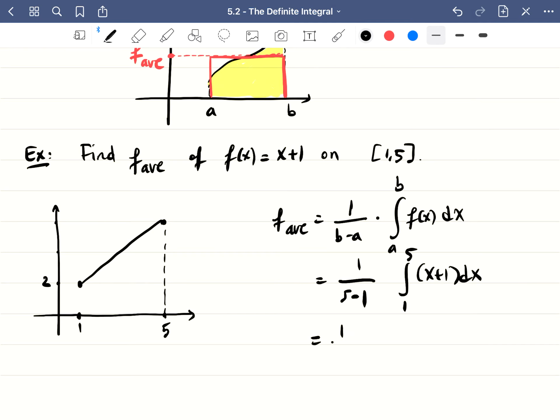So this is equal to 1 over 4 times... Now we need to find the area of this region here. So you can split this into two pieces. By the way, this is 6. So you have first this rectangle here, the yellow rectangle. And then you have the blue triangle.